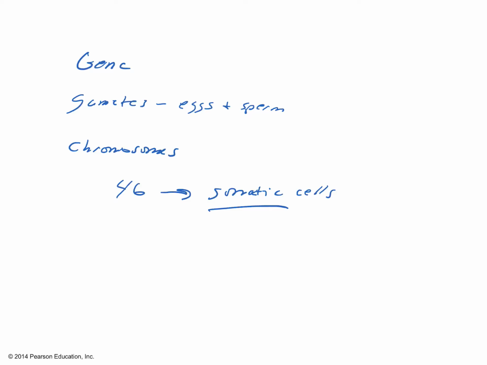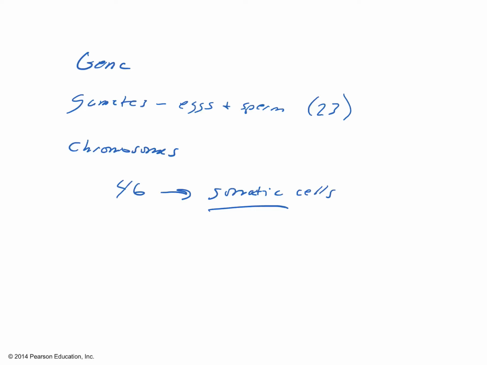Okay, these are somatic cells or body cells as we call them. All right. Now, in humans, somatic cells have 46 chromosomes. Okay, that is not true in eggs and sperm. In humans, each egg has 23 chromosomes, as does each sperm.